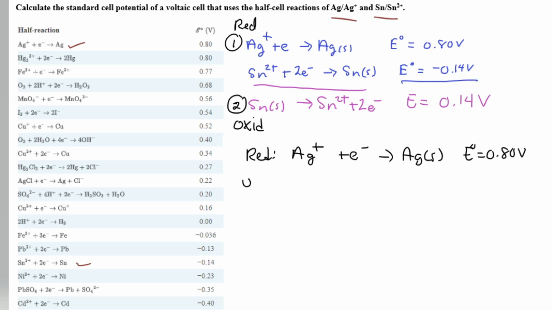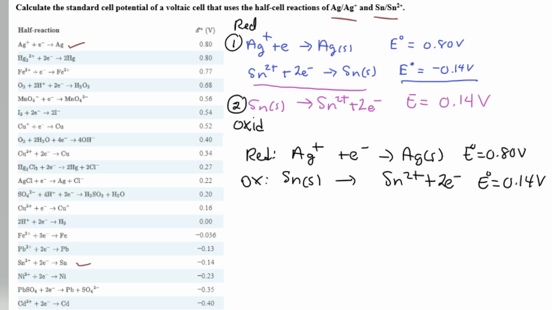And then your oxidation, so I'm going to rewrite this down here correctly, tin solid goes to the tin 2 plus plus 2 electrons, and its E cell is positive. So now we can see it a bit more clearly.